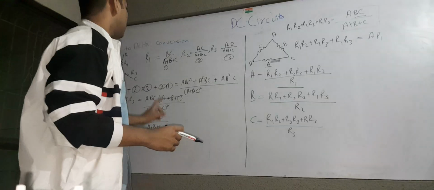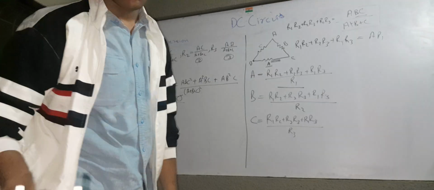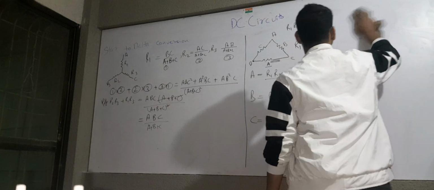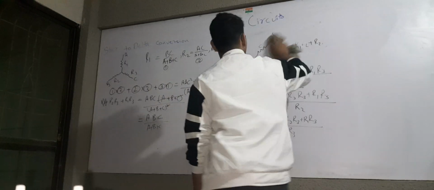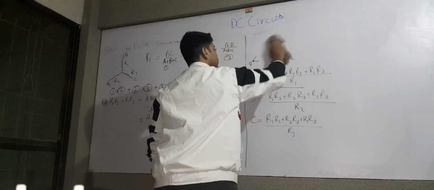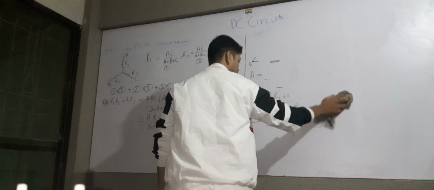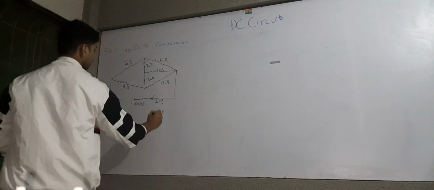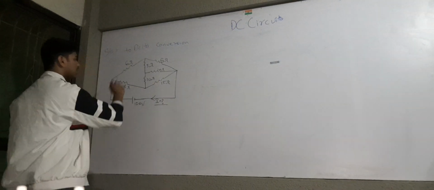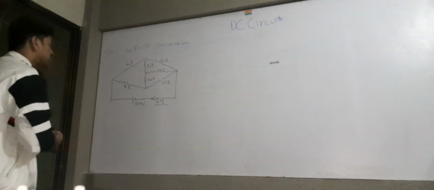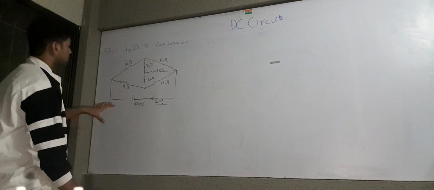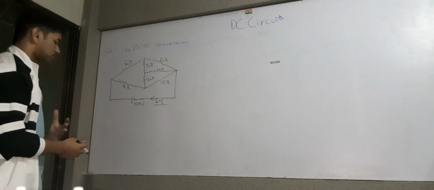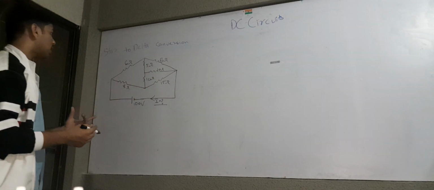So let us take a look at it with the help of a question. In this question, we need to find the current flowing through this entire circuit. As we can see here, this 5, 10 and 10 are in a delta configuration.